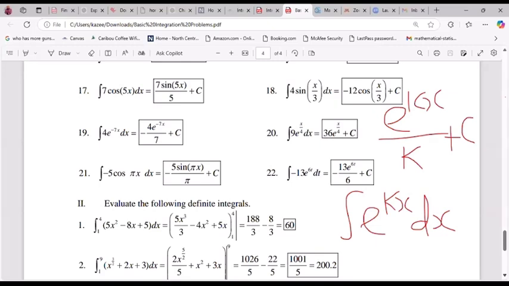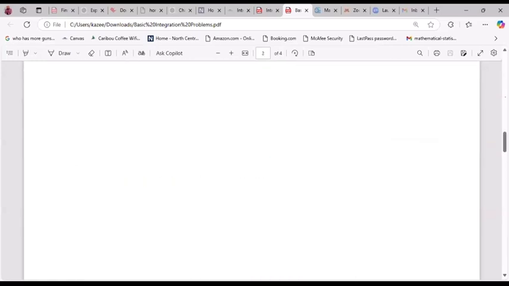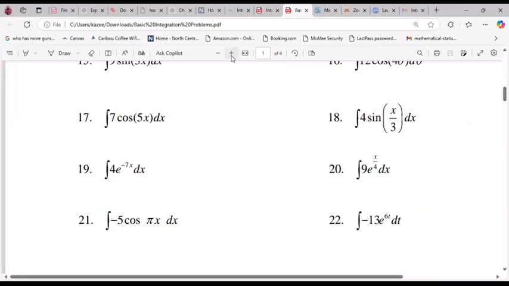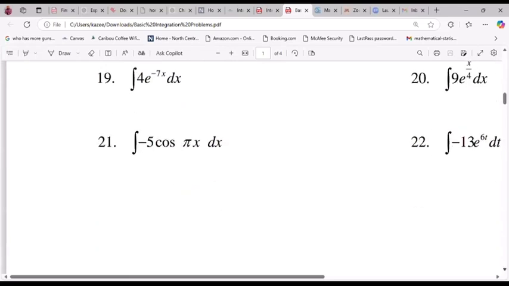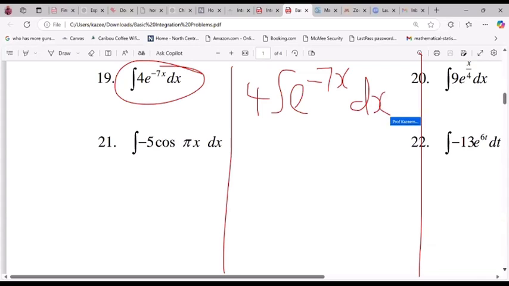Now using the rule, let's say I want to focus on question 19. Let me go to the question now. I need you to pay attention to what I'm going to do. I want to solve question 19, right? I'm going to write out the integral of this ds, the whole of that.